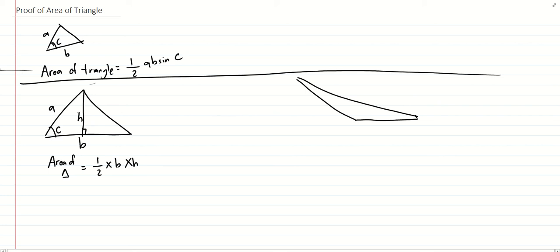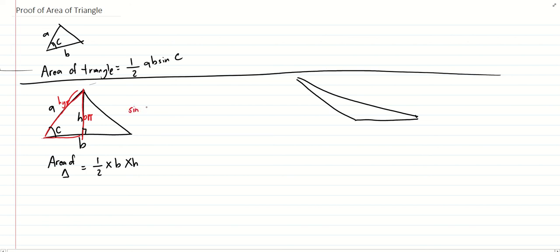Now, based on trigonometry, we know for a fact that I can express my h in another form. So from trigonometry, since with respect to angle C, h is the opposite and A is my hypotenuse of this right angle triangle, we will have the following trigonometric ratio.